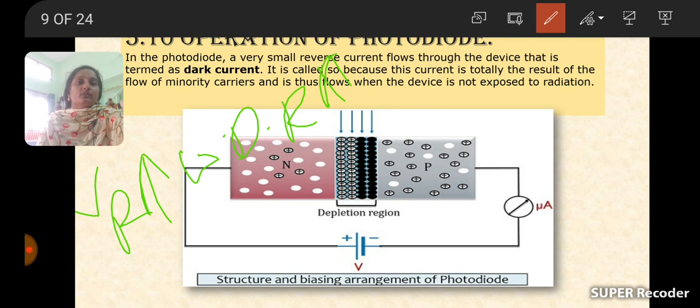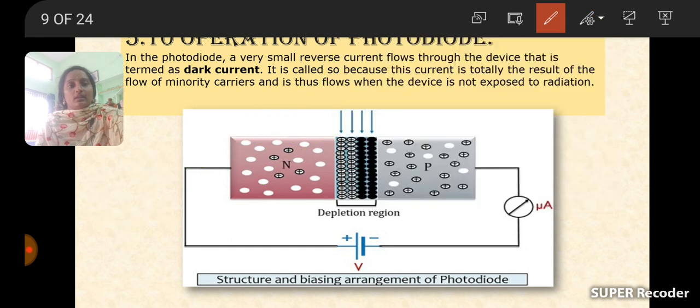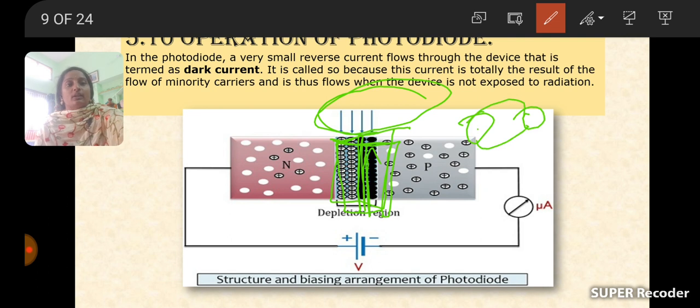When the depletion width has increased, at that moment we apply light, radiation. When the radiation is incident on the junction, suddenly the covalent bonds are broken.